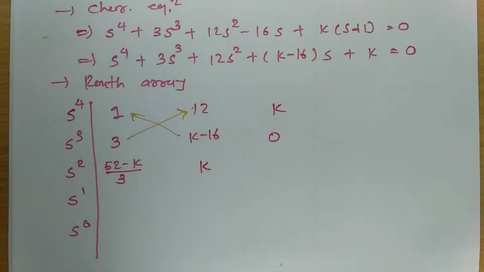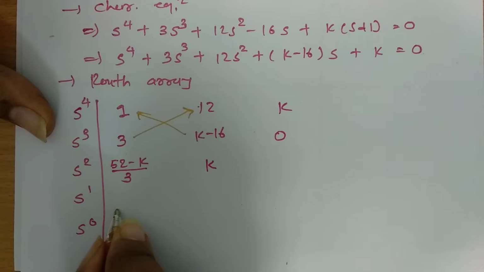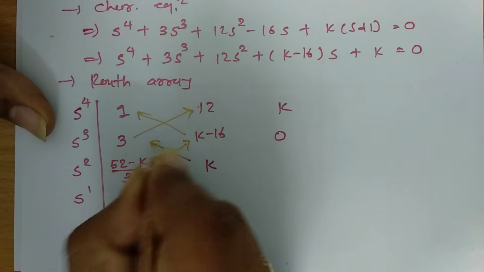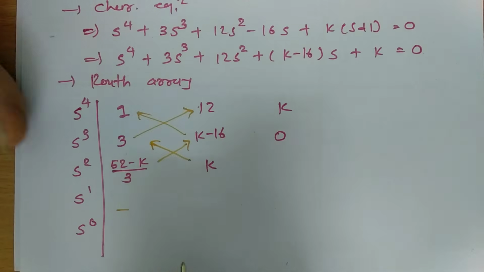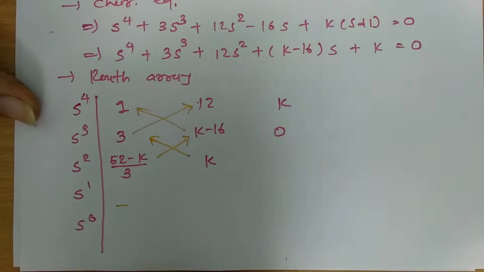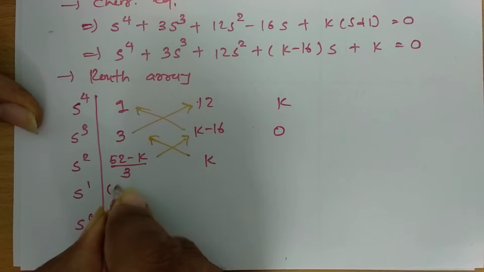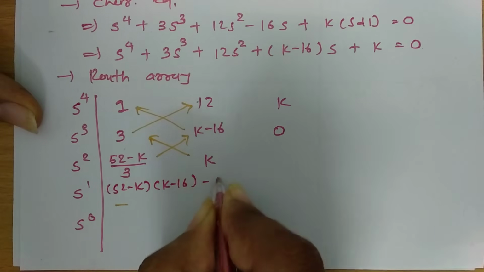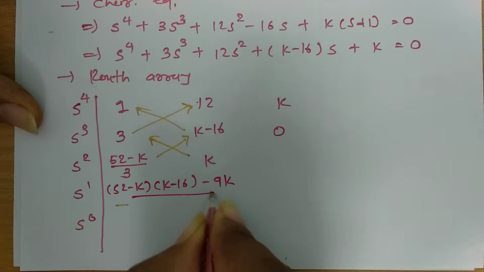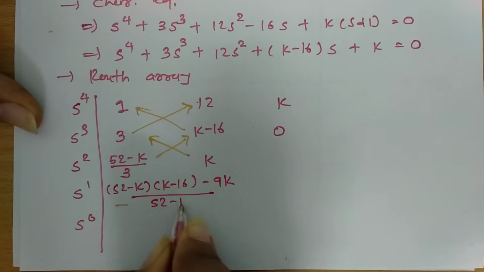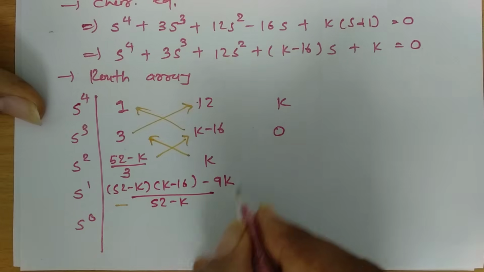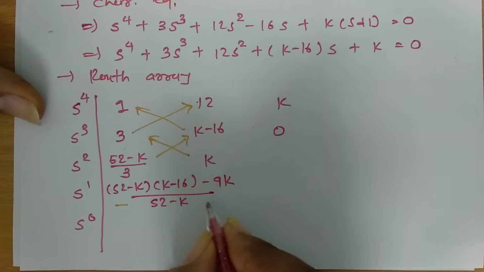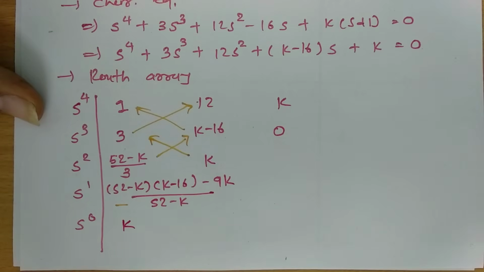Now for the next element, we need to multiply this into this minus 3 into k divided by this element, and the simplified one will be 52 minus k into k minus 16 minus 9k divided by 52 minus k, and over here the next element will be 0, and here this element is 0, so the last one will be k.